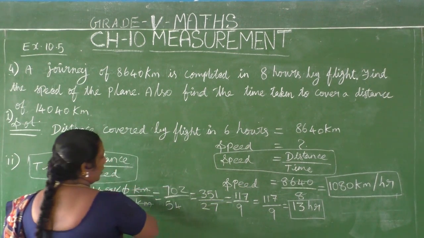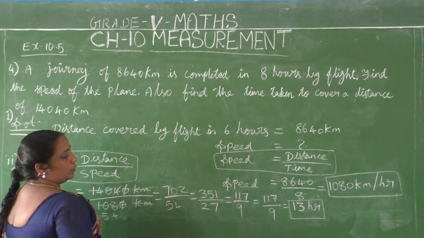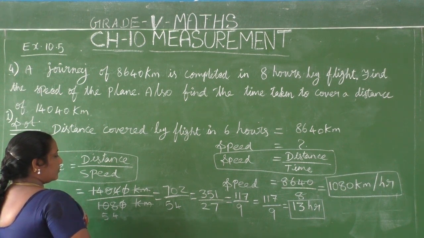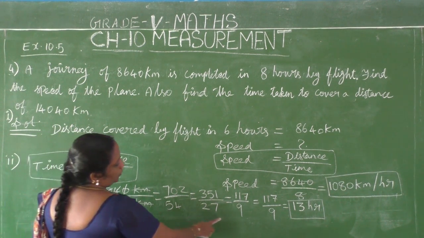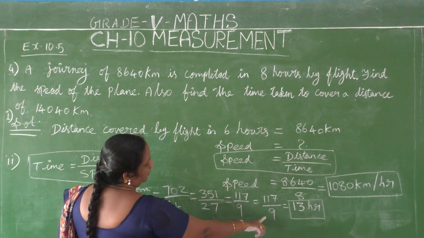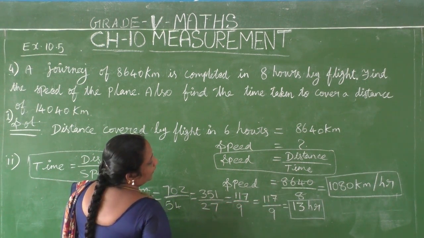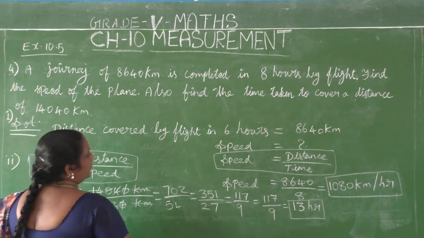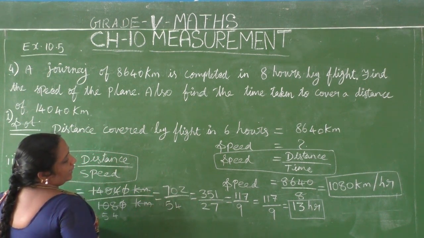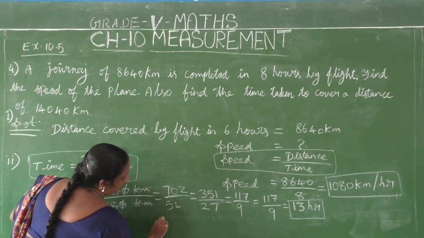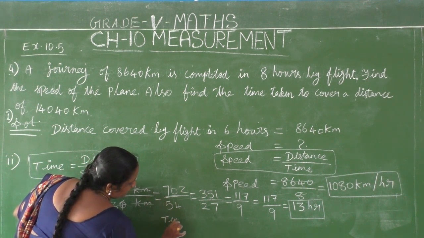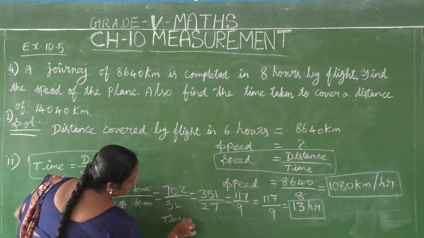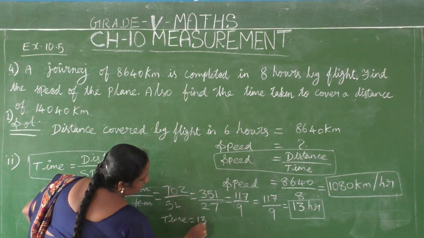So this full workout you have to write in your class note. Okay. 2 table. Here also 2 table. Here I am using the 3 table. 9th table. Okay. So the time the flight takes is 13 hours. Time equal to 13 hours.